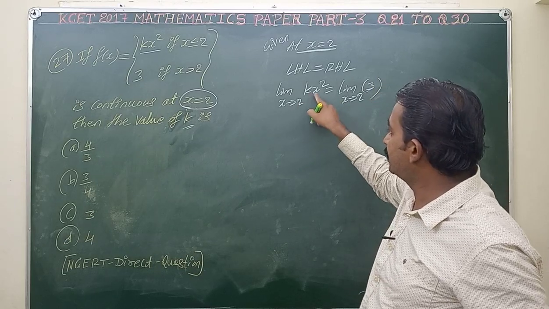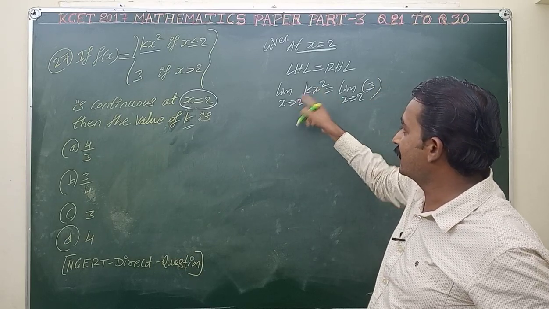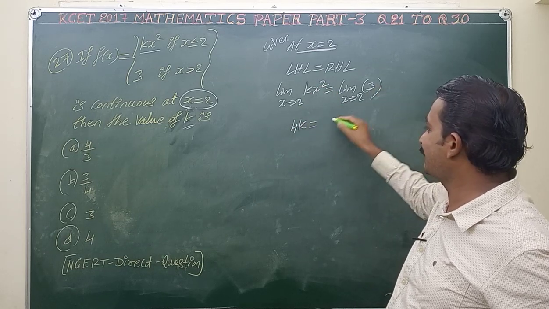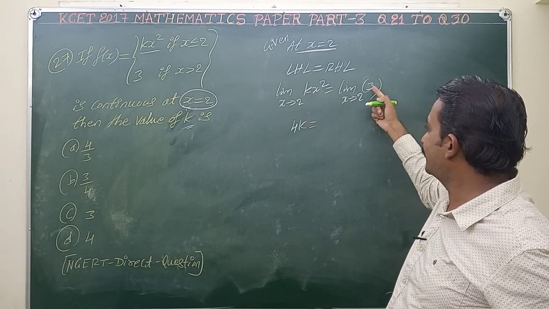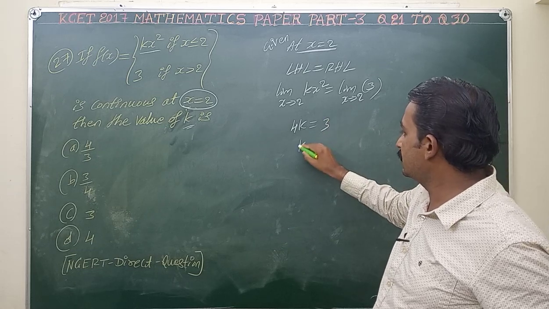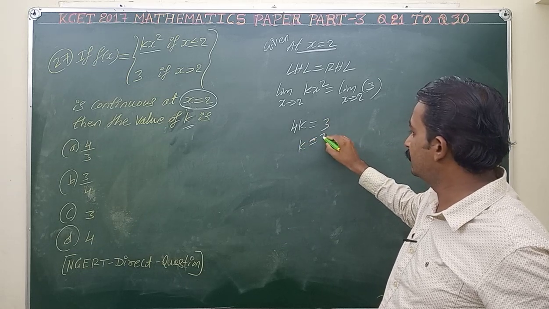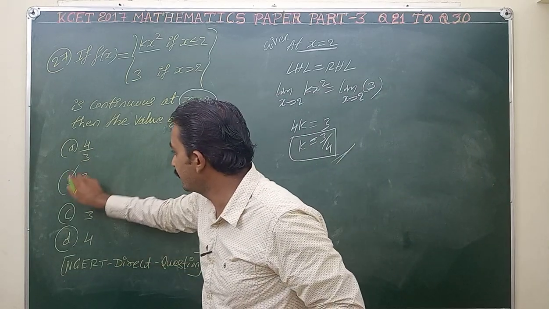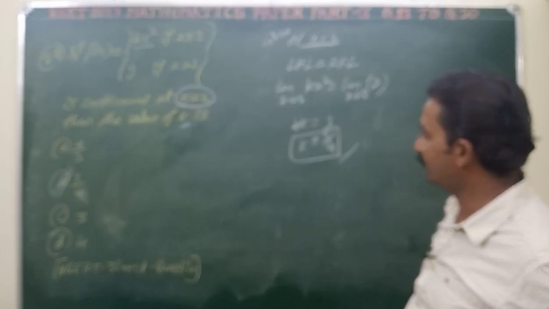So simplify this, k x square, 2 square, 4k is equal to 3. It is constant here, x is not there, directly we can write 3. So now k is equal to 3 by 4. 3 divided by 4 is the answer. So option 3 by 4, not 4 by 3. 3 by 4 is the correct answer.